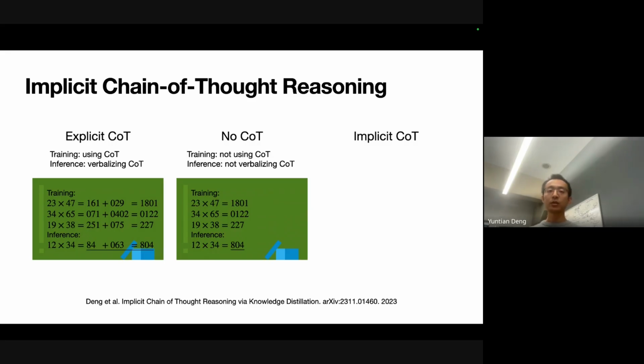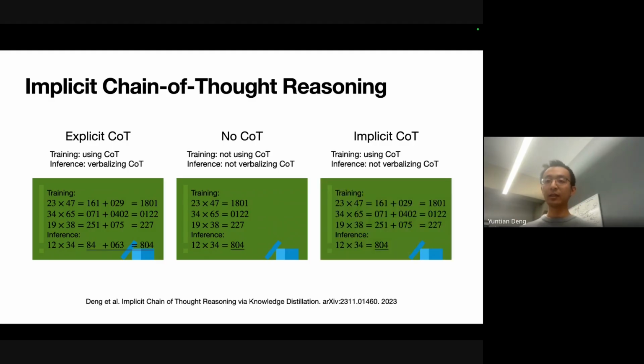So between explicit chain of thought reasoning and no chain of thought reasoning, a middle ground that we identified is called implicit chain of thought reasoning, where during training time, we allow the model to use chain of thought steps as supervision to learn the process of turning the inputs into the output.